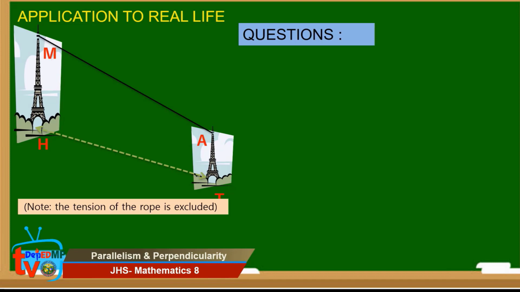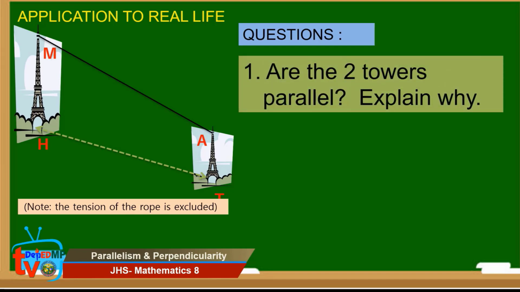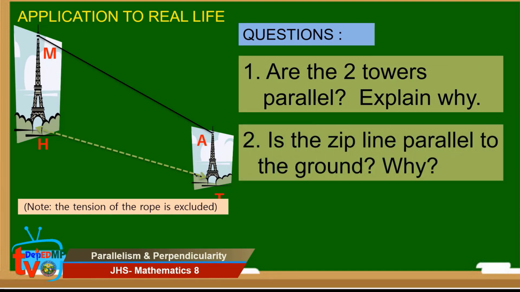Okay, so for plus points, answer these questions in a whole sheet of pad paper. Staple together with your answer sheet and submit on your schedule. Copy the questions. Are the two towers parallel? You explain your answer. Is the zip line parallel to the ground?